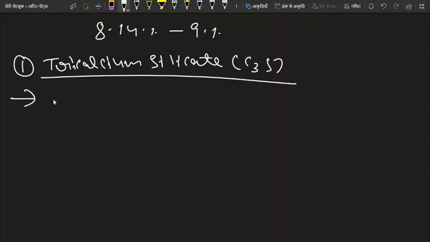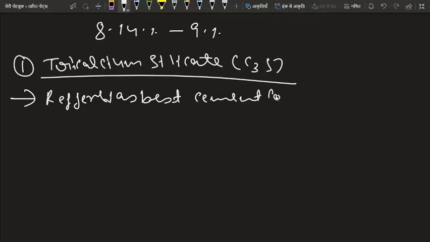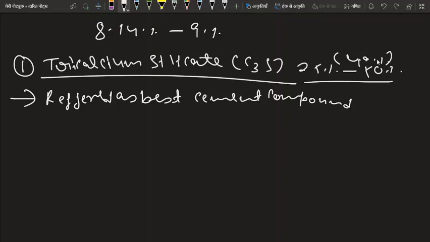It is present about 25% to 50%, on an average 40%, which is a pretty good amount. Its next property is that it makes the clinker easy to grind.